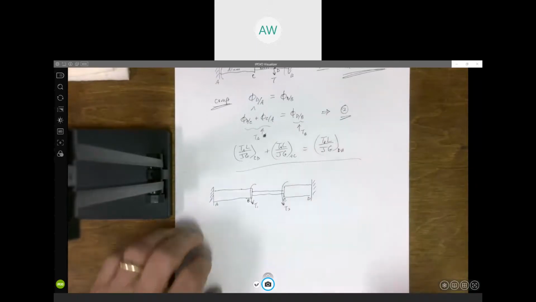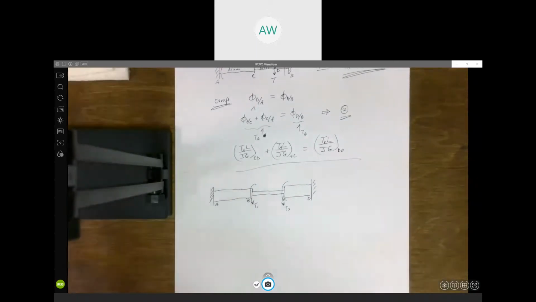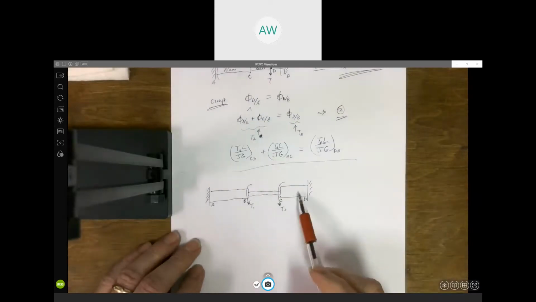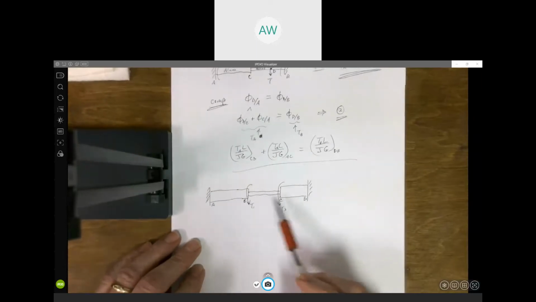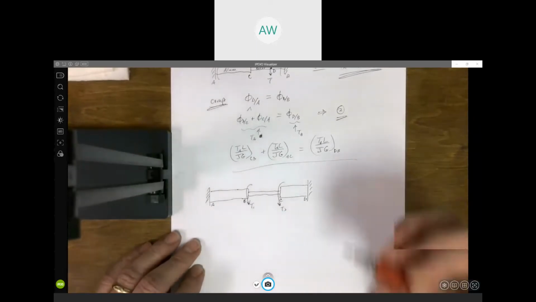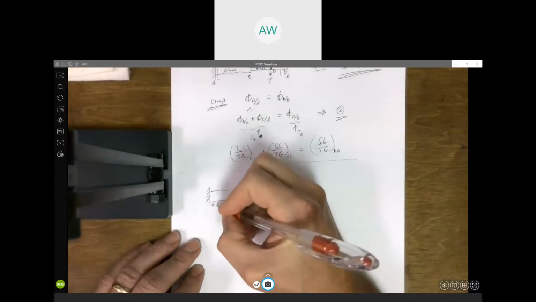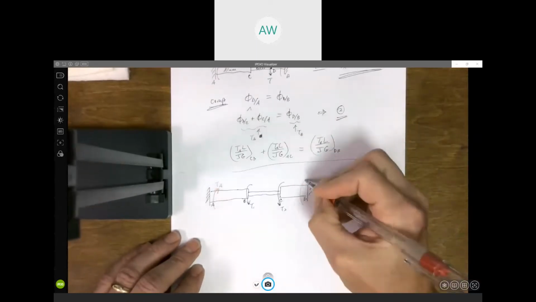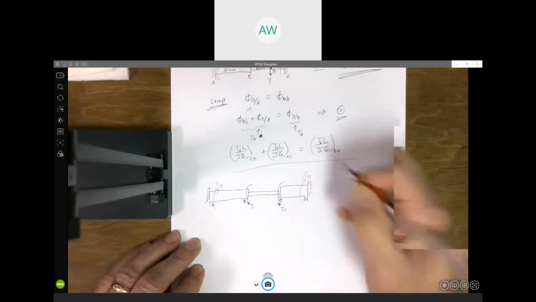Just in general, assume these are different materials, different lengths, different sizes. But equilibrium doesn't care about that. You're still going to have two reaction torques called TA and TD.